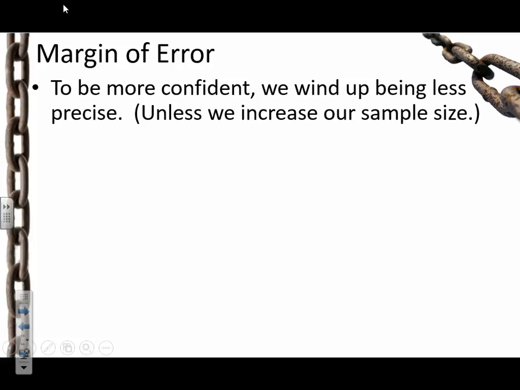Okay? So to visualize that, if I created a 95% confidence interval, and let's say my sample size was 40, I might have an interval that would be about this wide. Now, if I take that same information, from the same population, I still want a 95% confidence interval, but I increase my sample size to, let's say, 100.